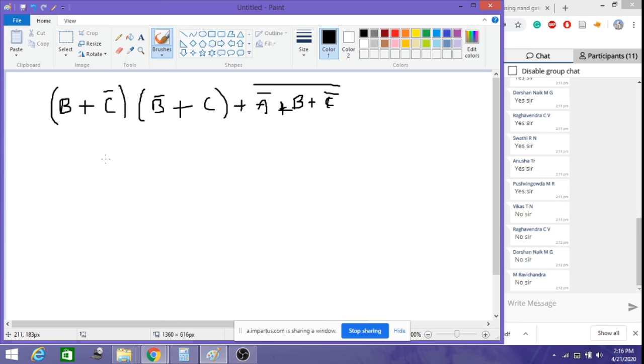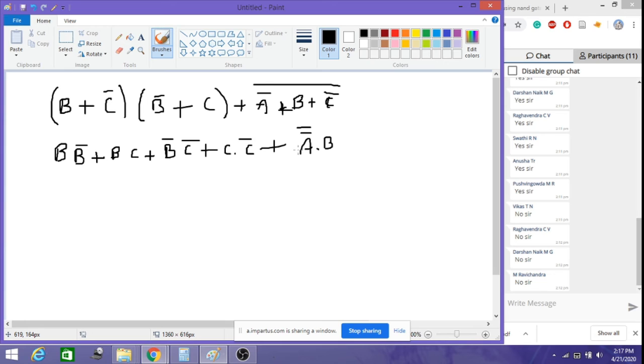So to simplify this, first we have to open up these brackets, and here we have to break this bar. So then we will get B into B bar plus B into C plus B bar C bar plus C into C bar plus, you break this bar, so you'll get A double bar into B.